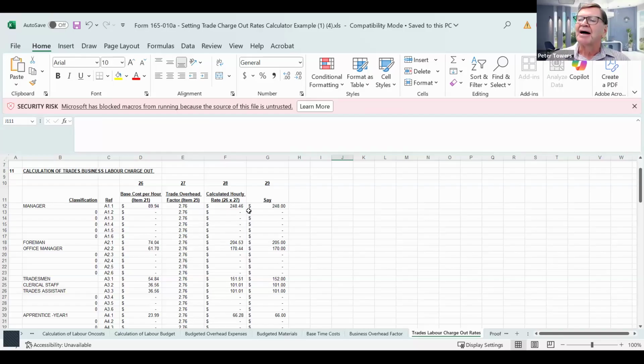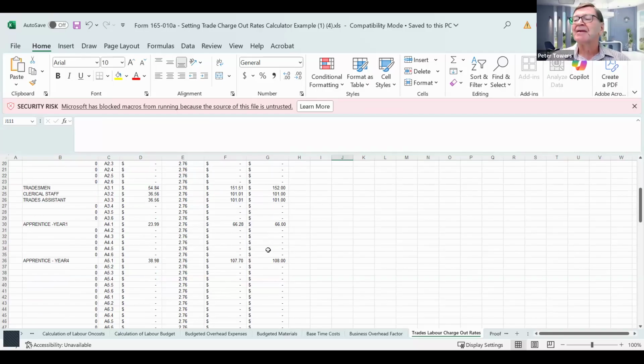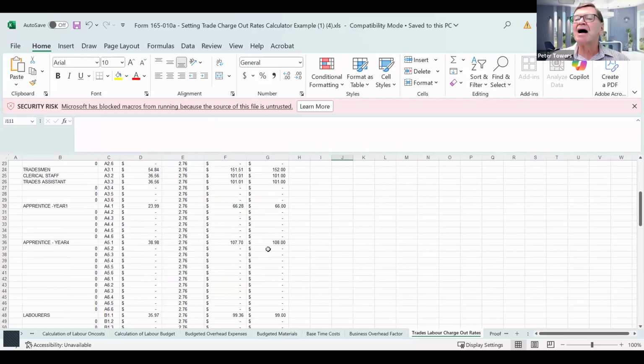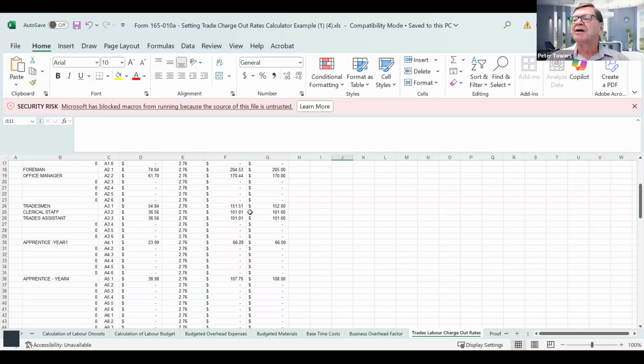So at under 50 cents, we've taken it back to the next dollar. Above 50 cents, we've taken it up. And that does cause some fluctuation. About $5,900, $6,000 is the fluctuation, mainly attributable to the tradesmen, where we've taken the charge out rate up.